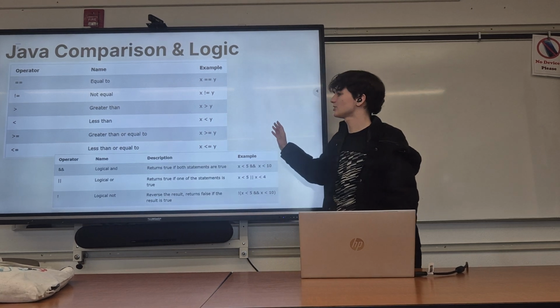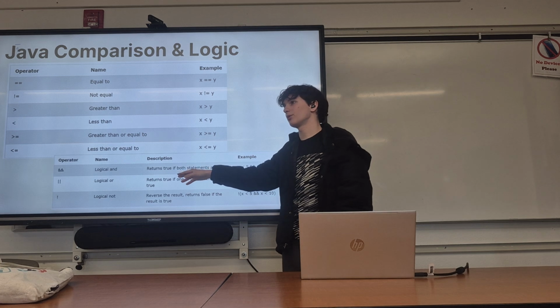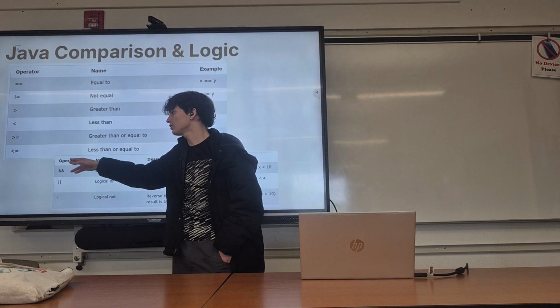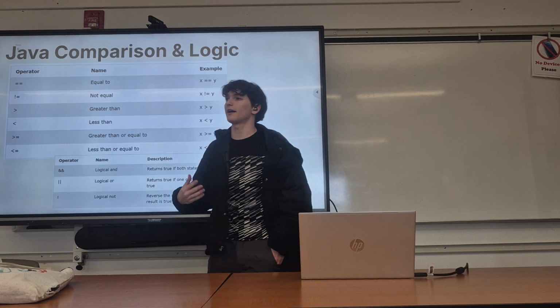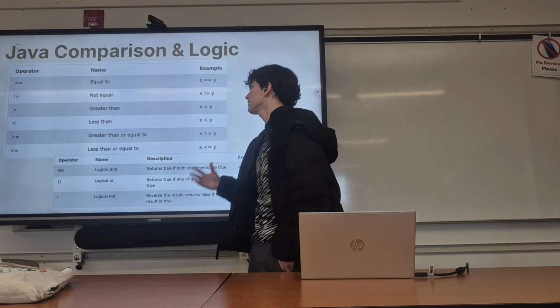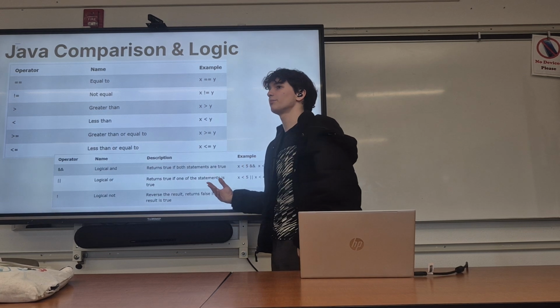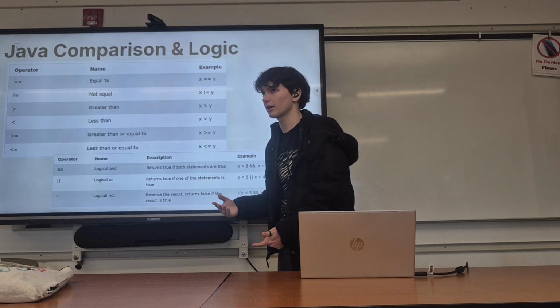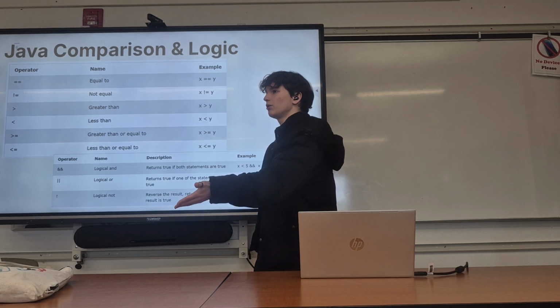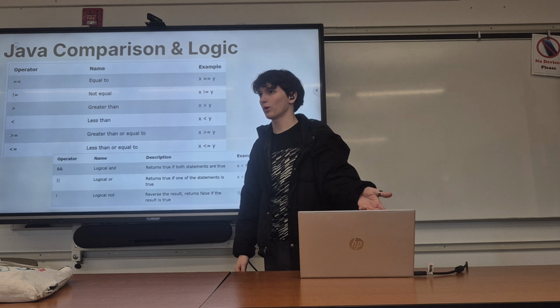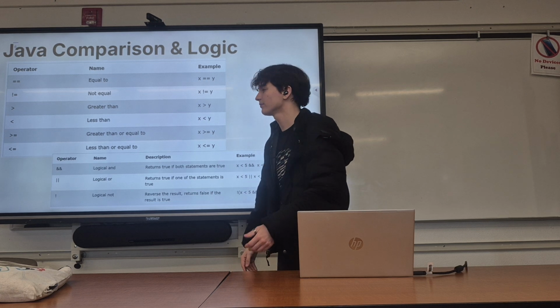The next thing is these. So this is called an ampersand, and this is called a pipe. If you put two ampersands next to each other, it becomes and. So when we get into if statements, probably next week, that's going to help us compare two things at the same time. So if my computer is on the table and if the HDMI cord is on the table, then it is true.